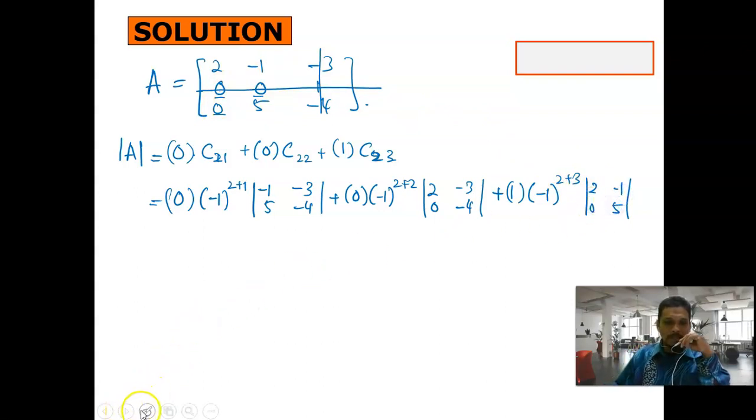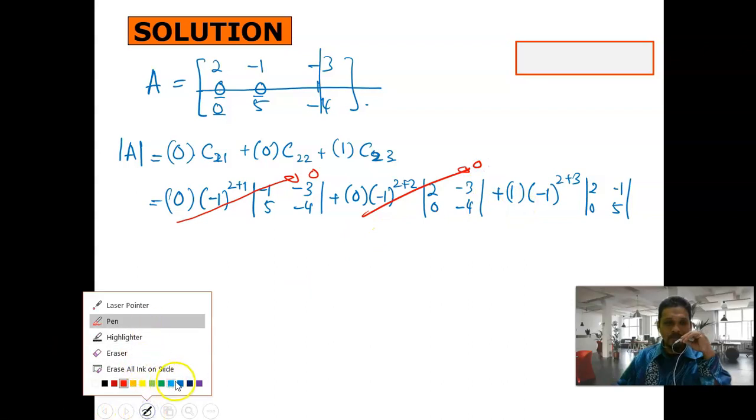So class, just now I did mention to all of you, we choose the row or column with the most of zeros because any cofactor multiplied with a 0, it will turn into 0, right? So right now we just assume that this is 0 and this is another 0.